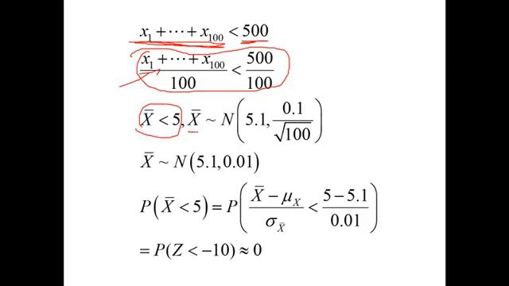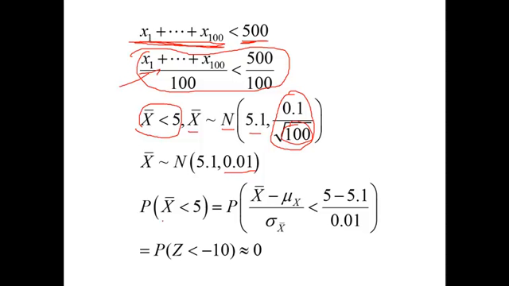Well, our sample mean is normally distributed with a mean equal to 5.1 and a standard deviation equal to 1 divided by the square root of 100, right? Because we have n equal to 100. We do the math on this, and that comes out to 0.1.